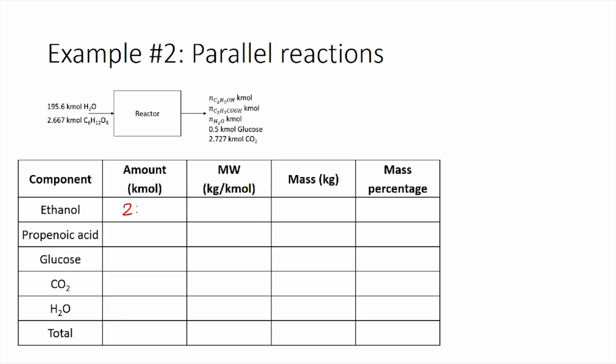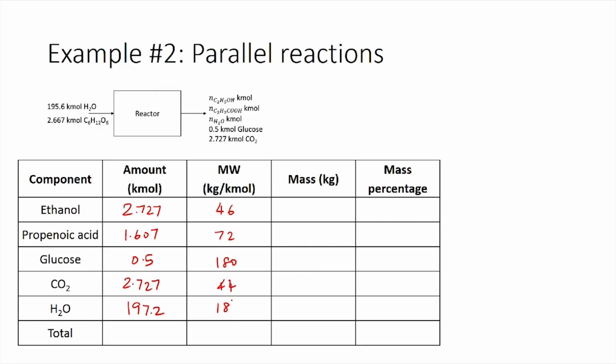Ethanol has been calculated as 2.727 kilomoles, propanoic acid in the final broth is 1.607 kilomoles, glucose in the final broth is 0.5 kilomoles, and carbon dioxide is 2.727 kilomoles, and water is 197.2 kilomoles. The molecular weights for each of these are known and they are 46, 72, 180, 44 and 18.